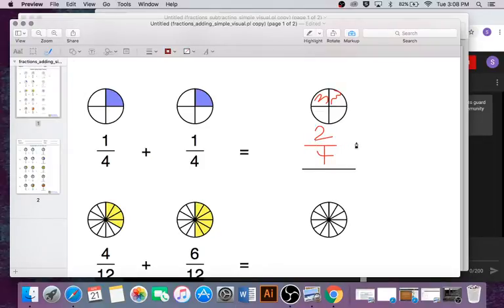Same as with the first one, we need to look and make sure that it's in simplest terms. And 2 goes into both 2 and 4. So 2 goes into 2 one time, and 2 goes into 4 two times. So we have 1/2 as our final answer. So as you can see, half of our circle is shaded in.